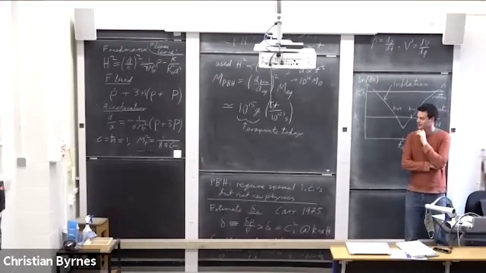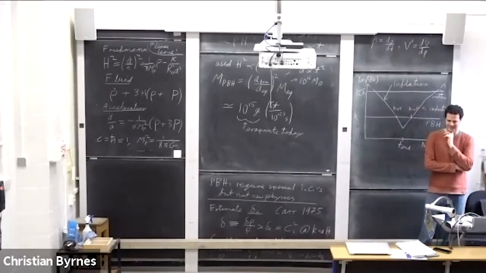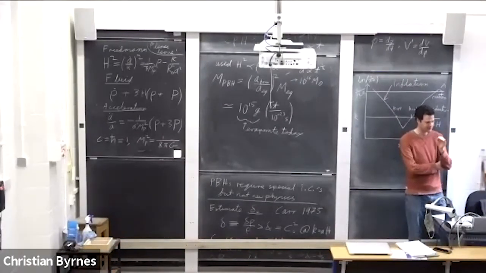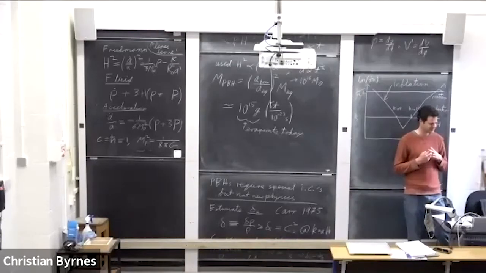Right, good point. There are many definitions of what this initial density is. So I'm speaking about the density relative to the total density, not the matter density, and evaluated at the time of horizon entry. And it's at the time of horizon entry, because after that time it will grow. If you look at the density contrast of the galaxy today compared to the background, it's much, much bigger than order unity.